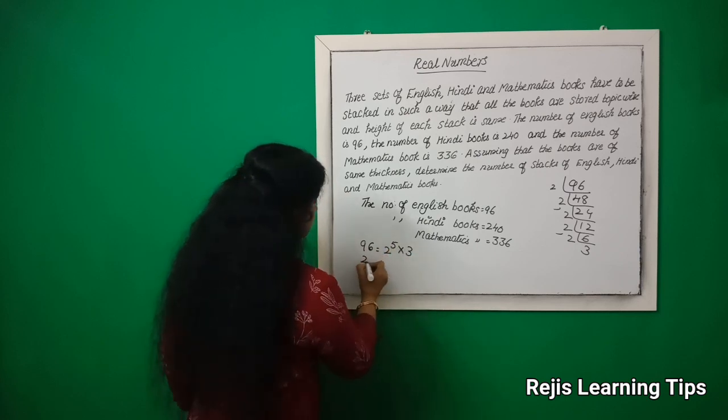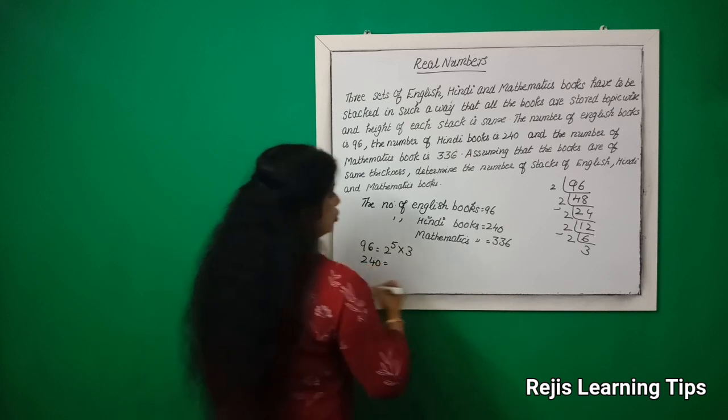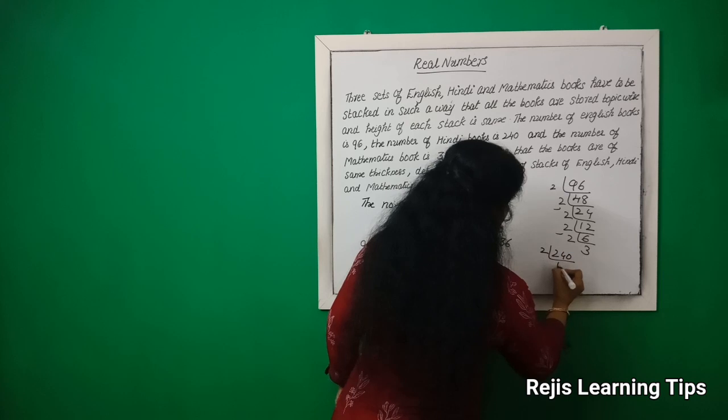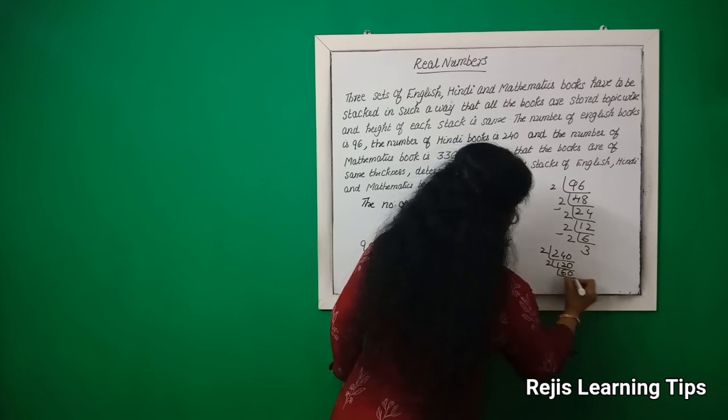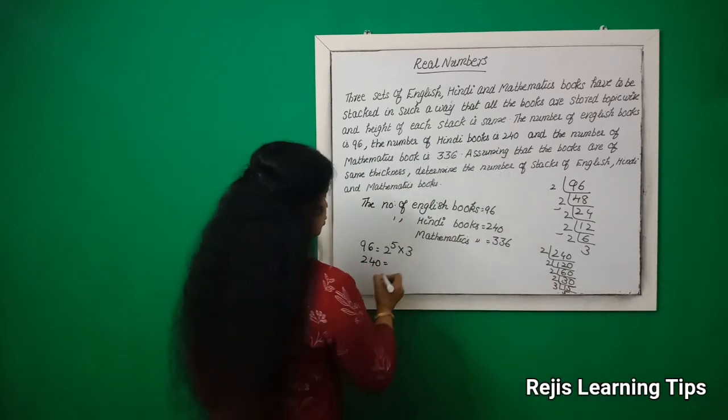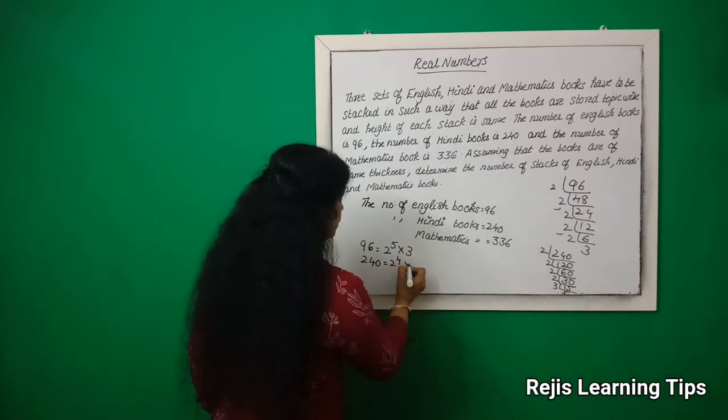Then 240: 2, 120, 60, 30, 15, then 3, 5. So 240 is 2 raised to 4 into 3 into 5.